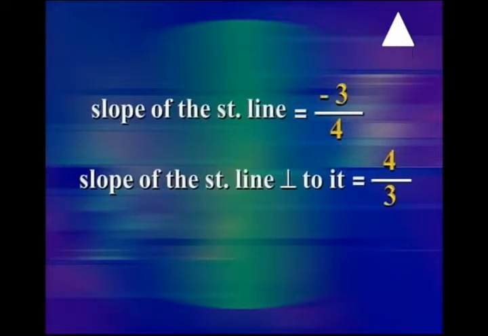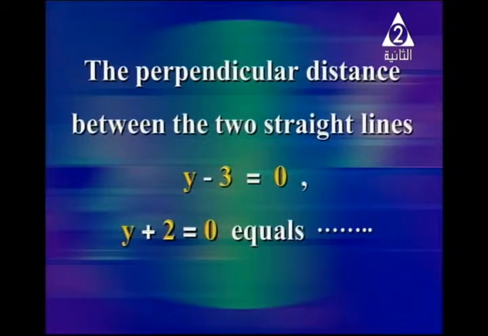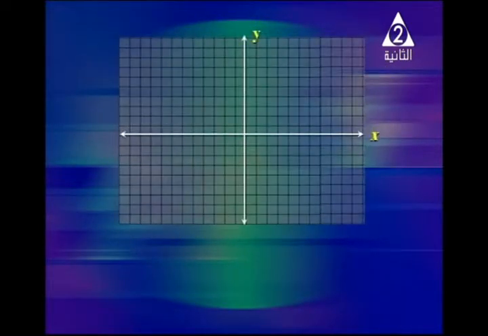Another example, the perpendicular distance between the two straight lines y minus 3 equals 0 and y plus 2 equals 0 equals what? At the very beginning, try to think. y minus 3 equals 0 is represented graphically by a straight line parallel to the x-axis that cuts the y-axis at the point 3.